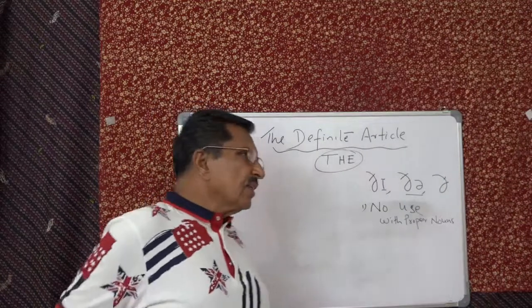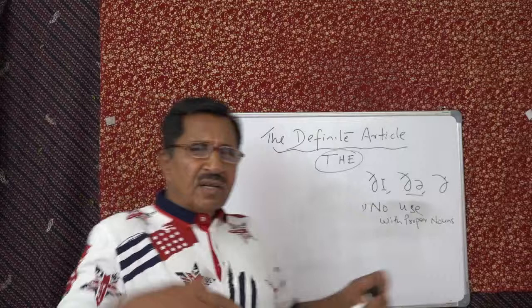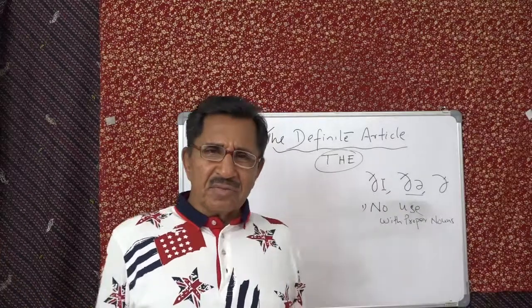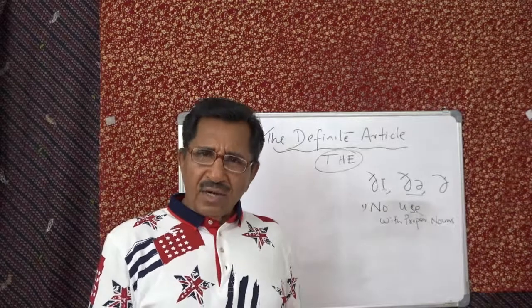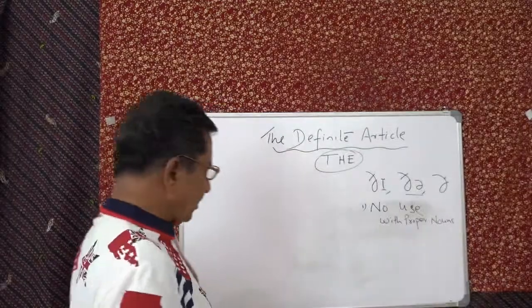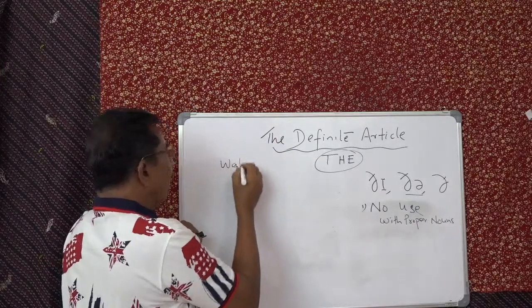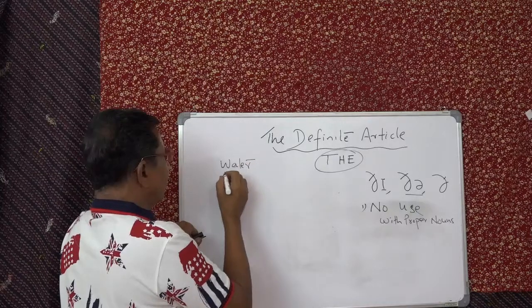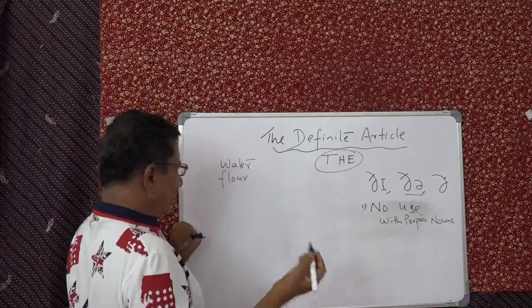Okay. Now the second point is, in this world there are many nouns, names of substances, like water, flour, F-L-O-U-R. See, how many substances are there? Water, okay? Then flour. What else?